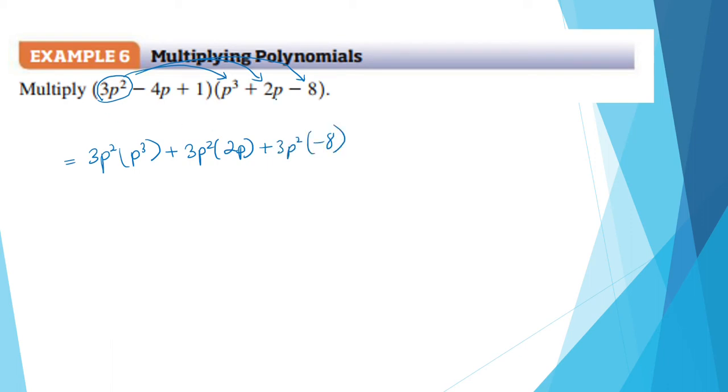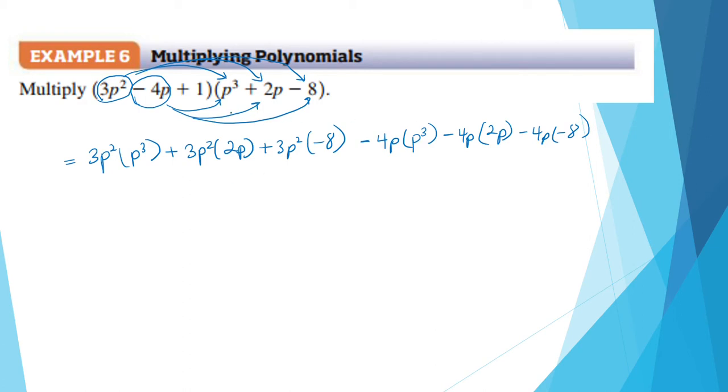So that's the first distribution. And then we're going to use negative 4p now to multiply the terms on the right. So this gives me negative 4p times p cubed, negative 4p times 2p, negative 4p times negative 8.